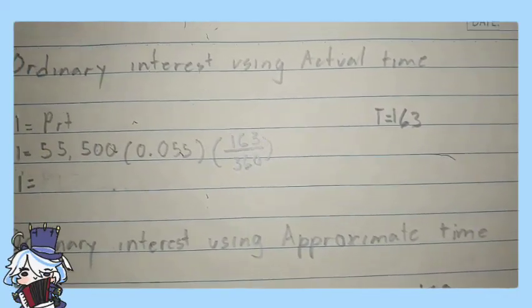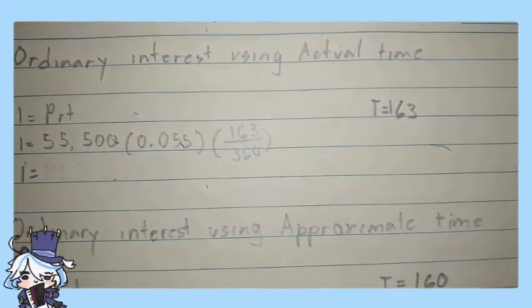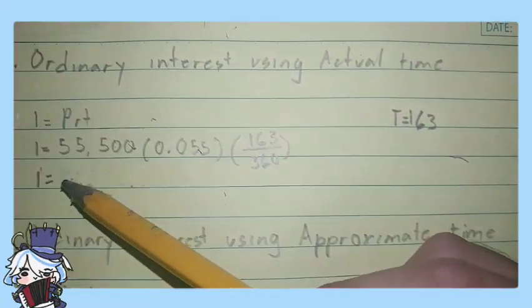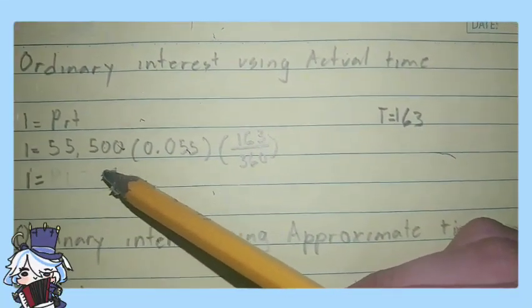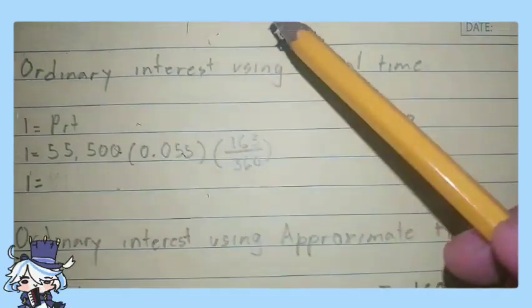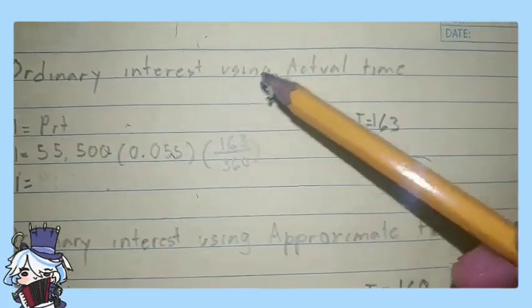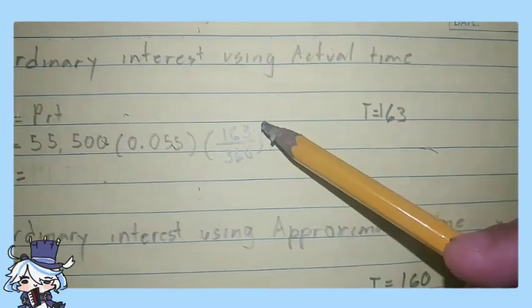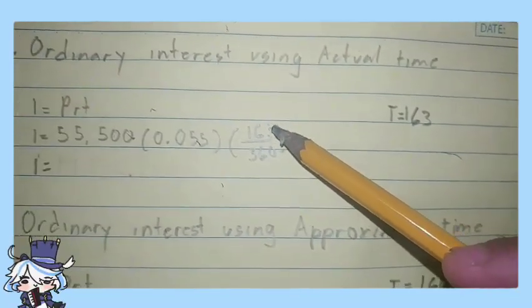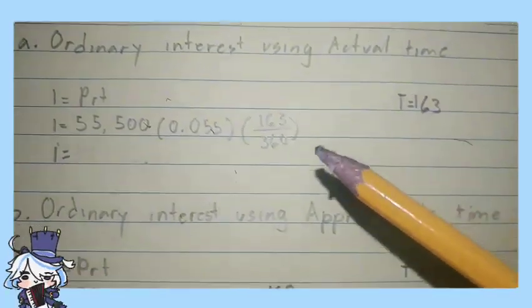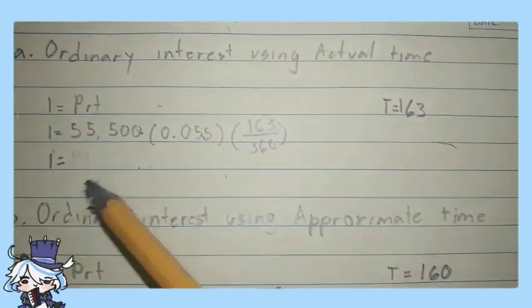Now we're going to find ordinary interest using actual time. Our P is 55,500. Our R is 0.055. Our T is 163. For one-liner, you have to divide this first because in two-liner, you'll just have to put this whole thing and it will pop up.